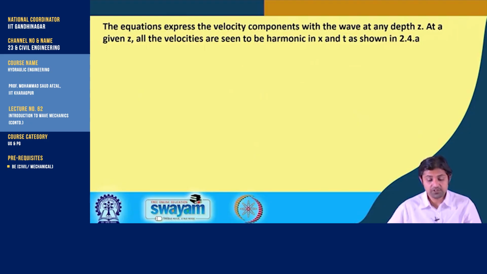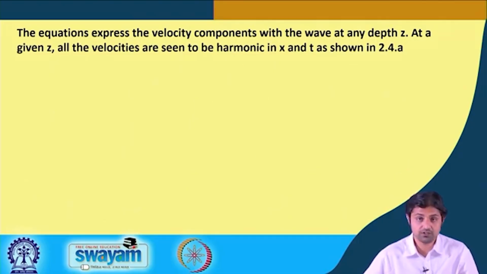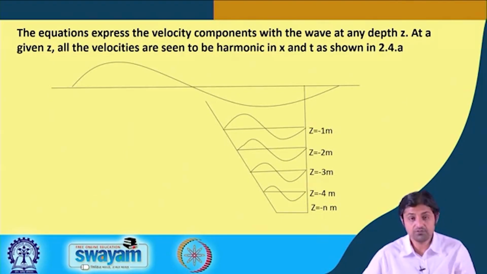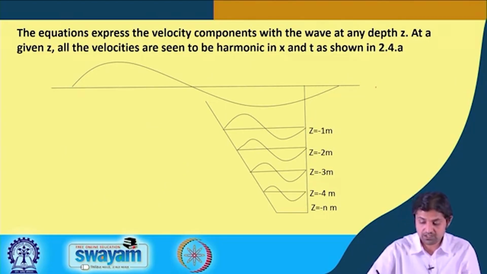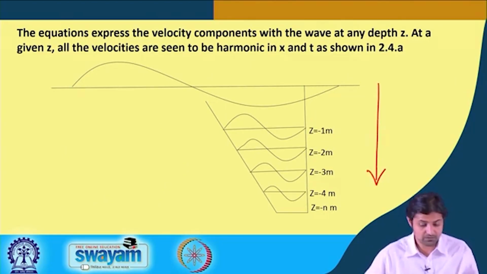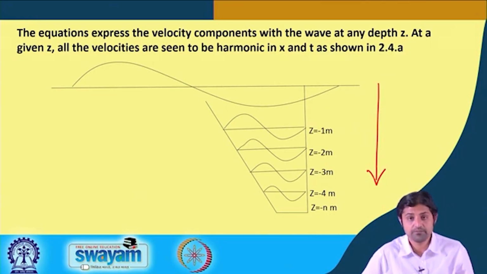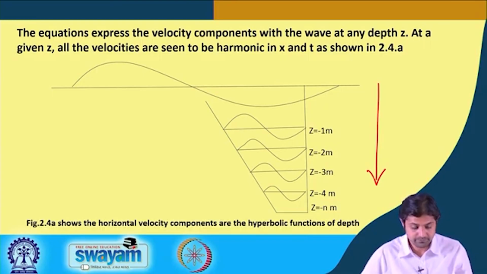The equations express the velocity components within the wave at any depth z. At a given z, all the velocities are seen to be harmonic in x and t, as shown in the figure. If we plot those velocities, they are harmonic, but with different z this is the variation we get.